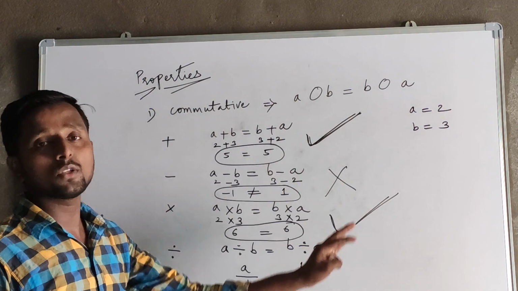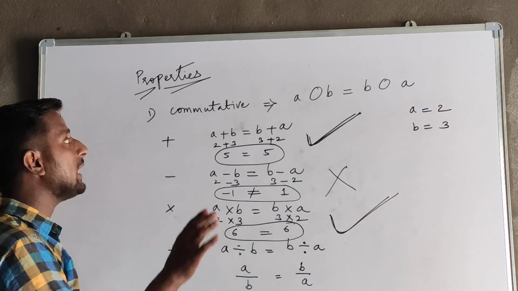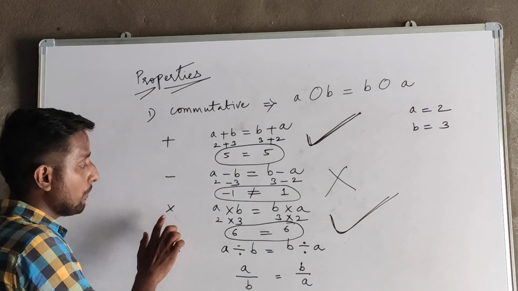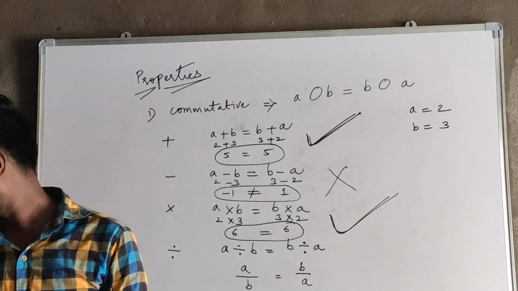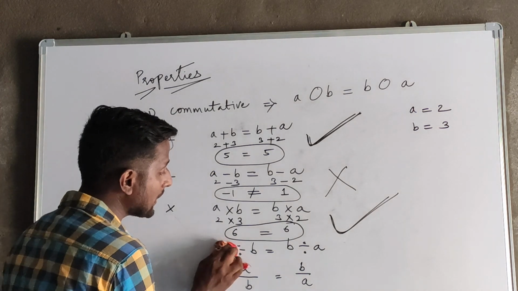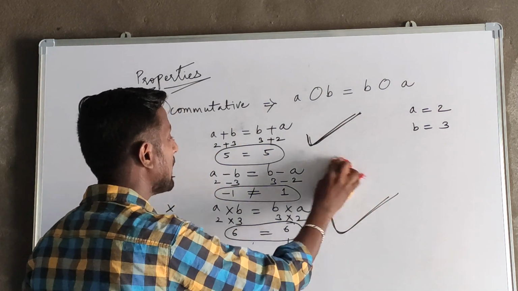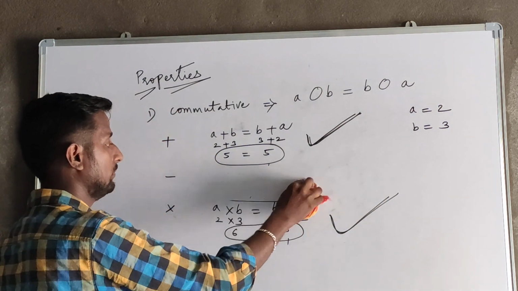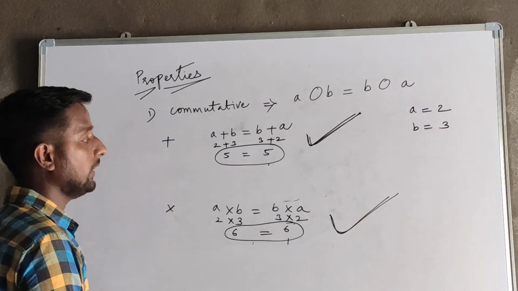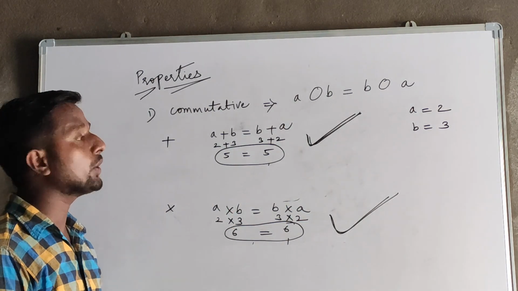So by the examples, what can we conclude? The commutative property is satisfied only by addition and multiplication. So division, I'll erase it now. Subtraction, I'll erase it now. Correct? So by ourselves, we found two formulas.